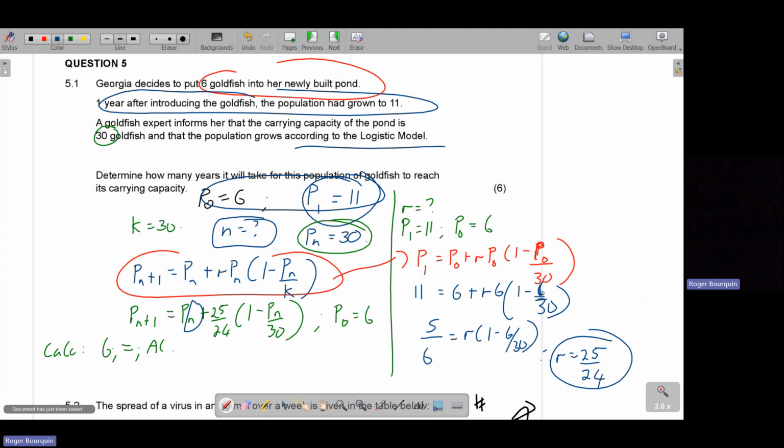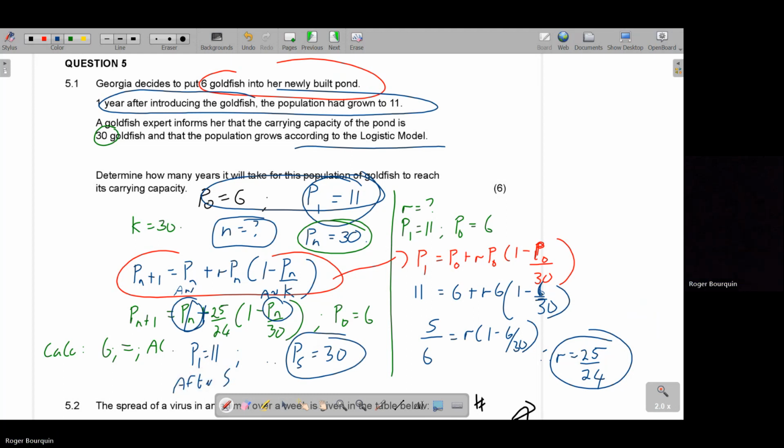Wherever you see Pn, you press your answer button. So you go answer plus 25 over 24 times answer, times (1 minus answer over 30). Press it once and you should get P1. Always write down P1 just to show the marker you're on track. So P1 is equal to 11. You keep pressing, and eventually P5 is equal to 30. So in other words, it takes 5 years for the population of the goldfish to reach carrying capacity.